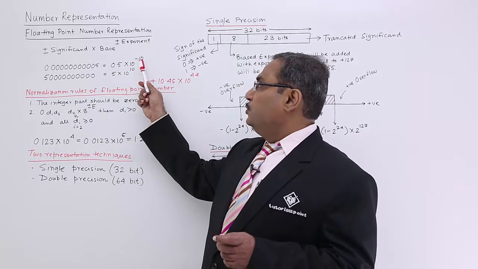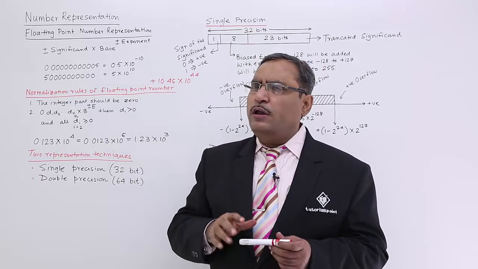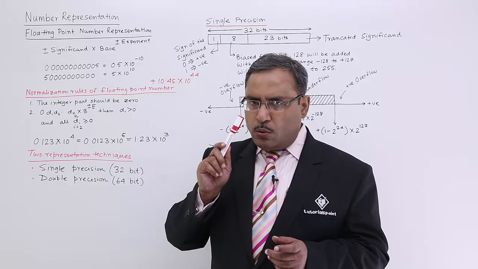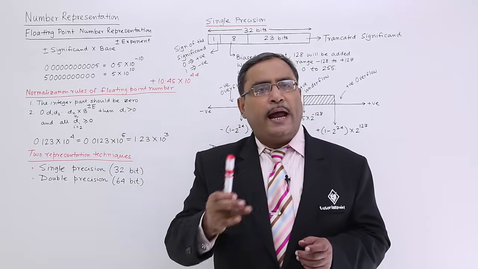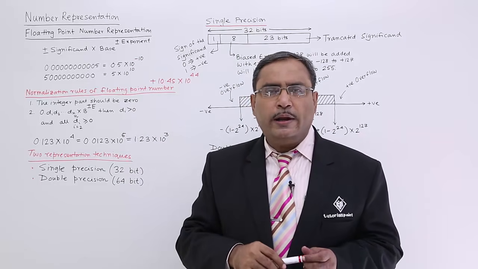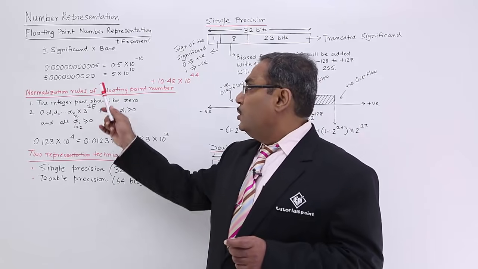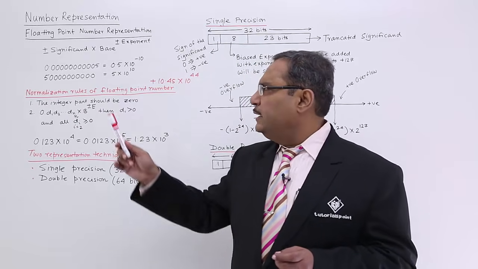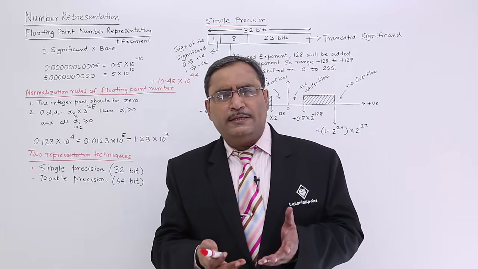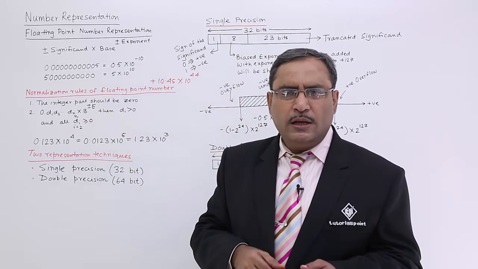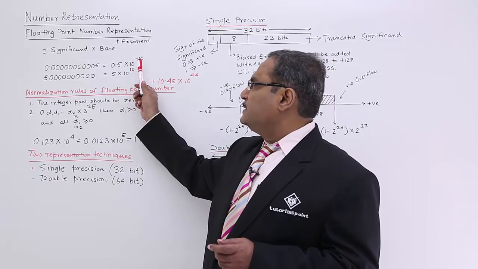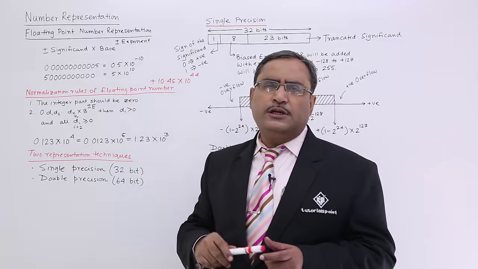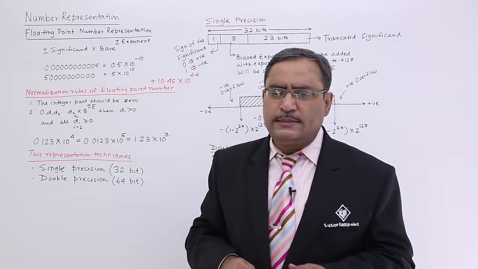To represent 10, I will require only 4 bits because 1010 means 10. To represent its sign, I will require another extra bit. So I will require hardly 5 bits. To represent 5, only 1 bit is required in the case of binary, because 0.1 means you can go for 0.5. To represent this particular number, I shall require a few bits.